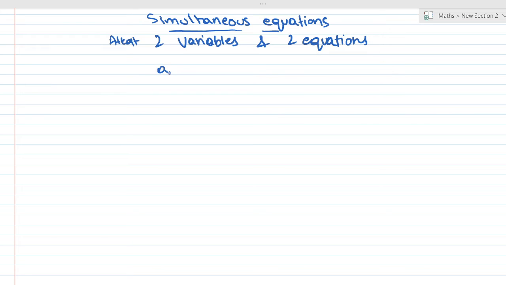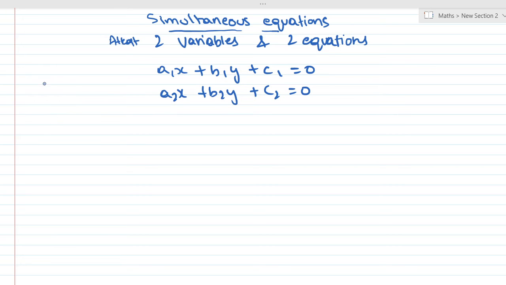So let's see. Example: a1x plus b1y plus c1 equals 0, a2x plus b2y plus c2 equals 0. So these are simultaneous equations.